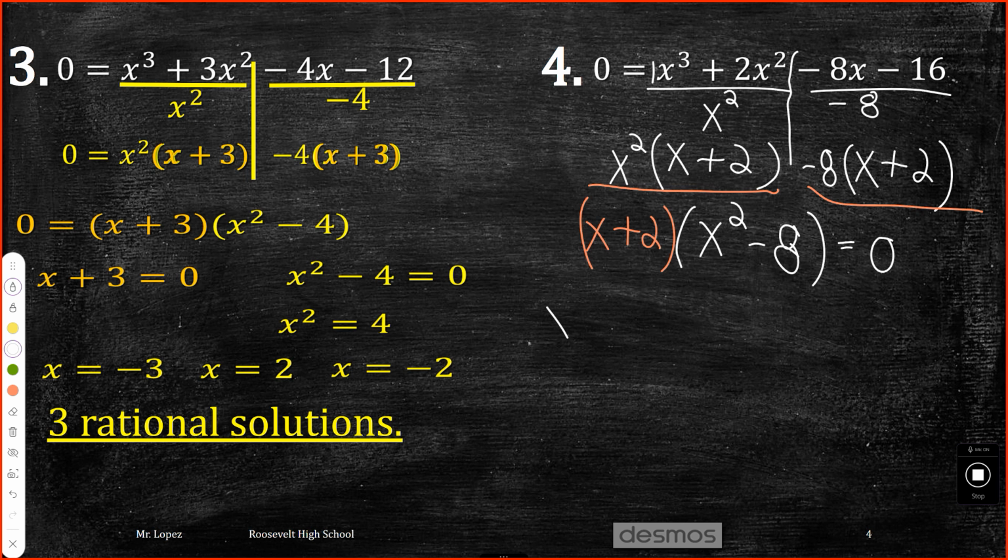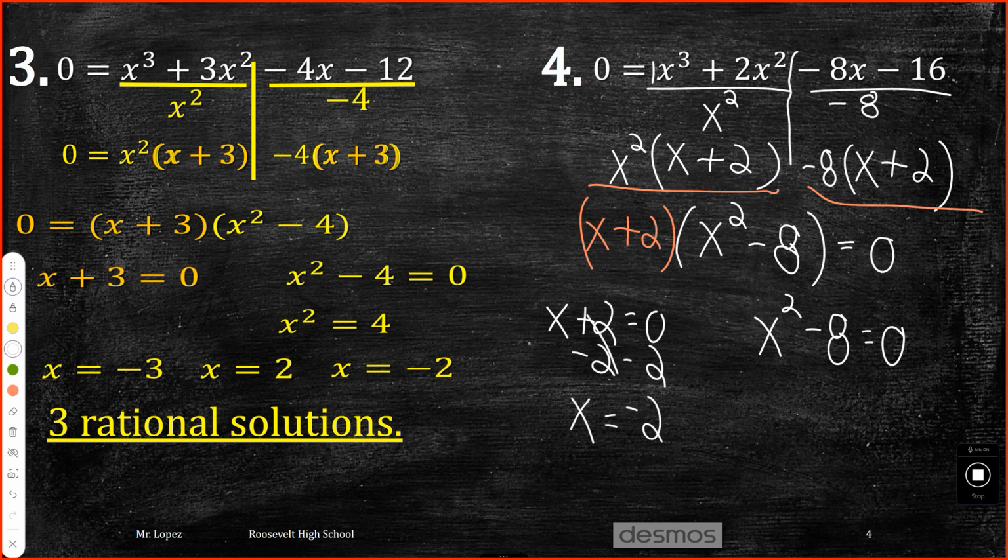We're going to go the same: x plus 2 equal to 0. So what do we do in the first one? So we get x equal negative 2. What do we do in the second one? Add 8.